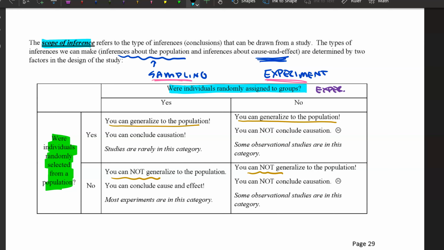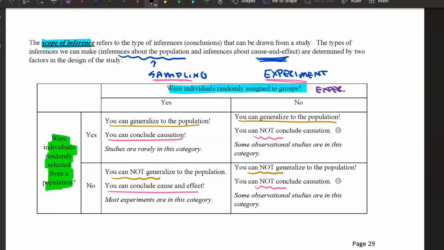So if you run a good experiment, then you can prove causation. Okay? So if this is yes, you can prove cause and effect. If this is no, then you cannot conclude that one variable causes another. You would just be able to say that there's an association, there's a relationship between these two variables, but I don't know if this one's causing this one, right?